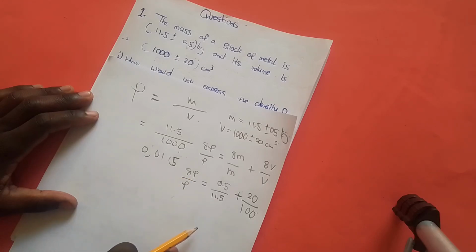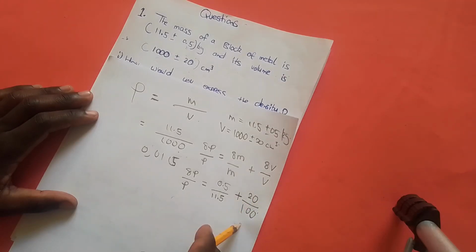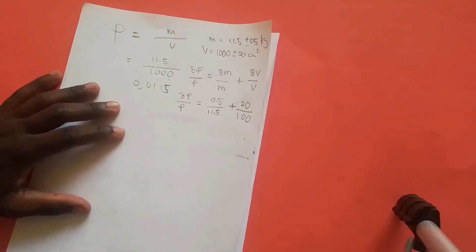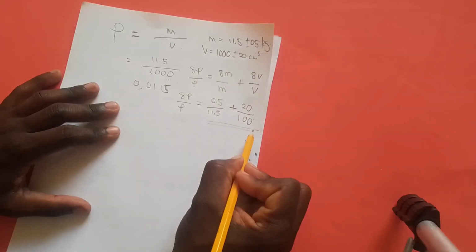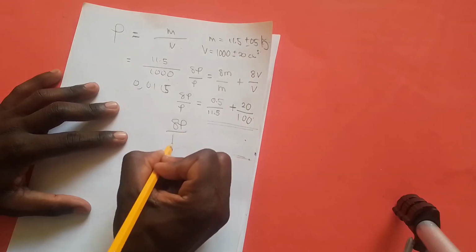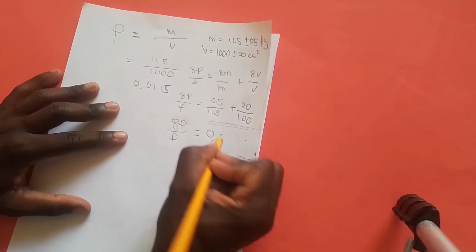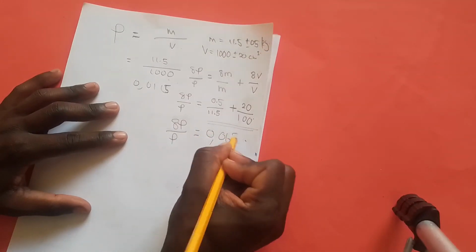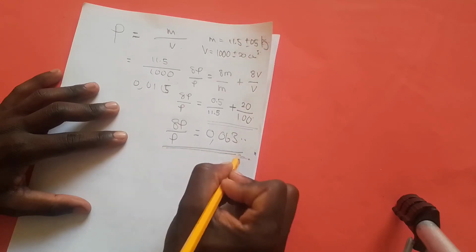You take your calculator and punch in 0.5 divided by 11.5 plus 20 over 1000. The absolute error in rho over rho will be equal to 0.0663, corrected to 3 decimal places.